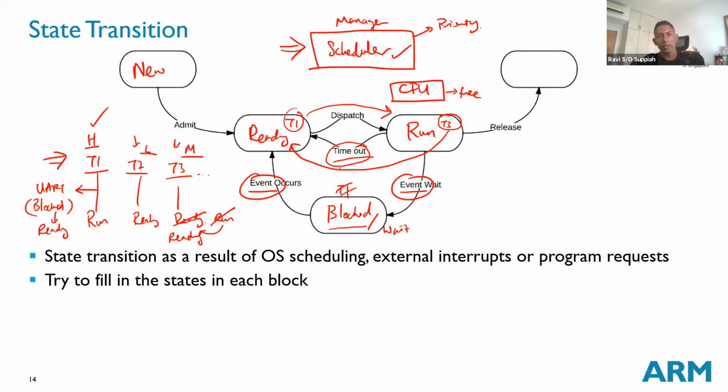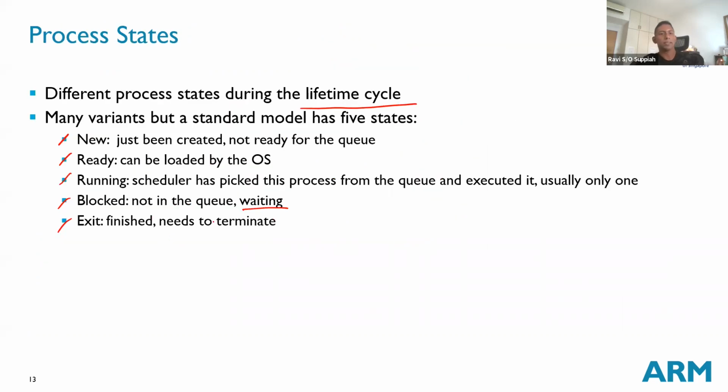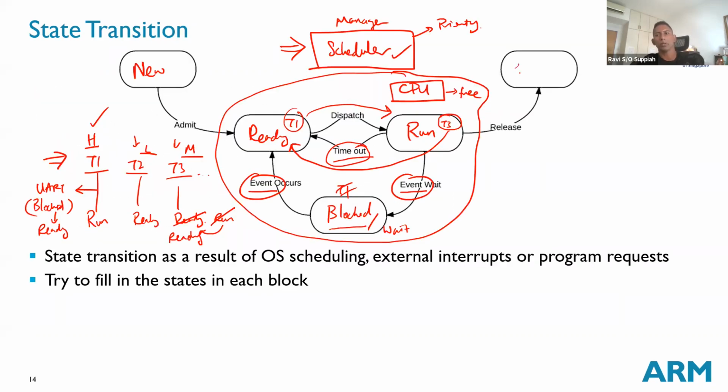So effectively, you can see that this block here, these 3 points here, is where your task will be most of the time. The release is what you call the exit state. When you release the task, you go into the exit state.